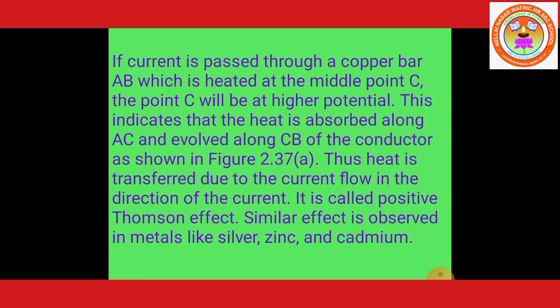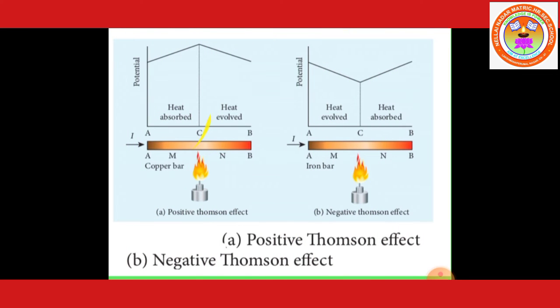We consider a copper bar AB. It is heated at the midpoint C. When the current passes through the conductor, the midpoint has a higher potential.